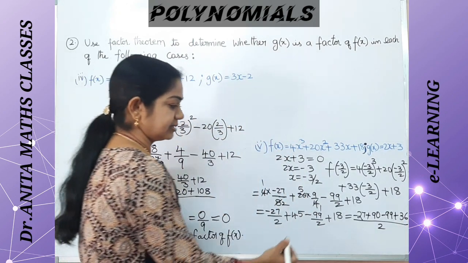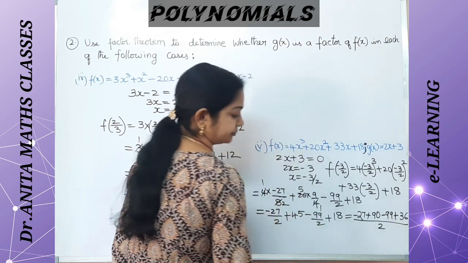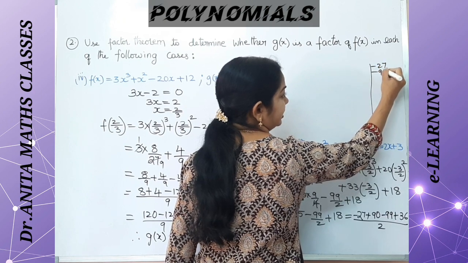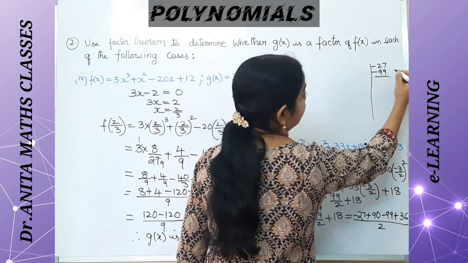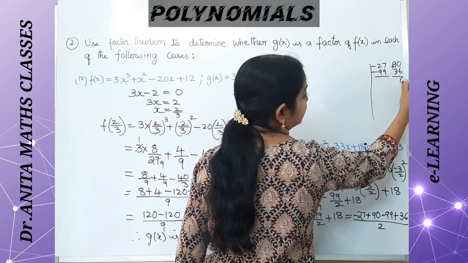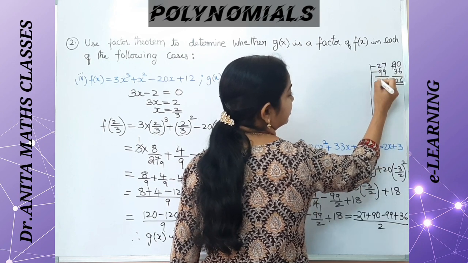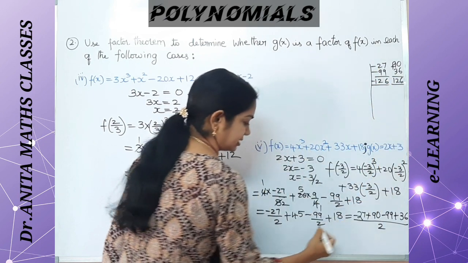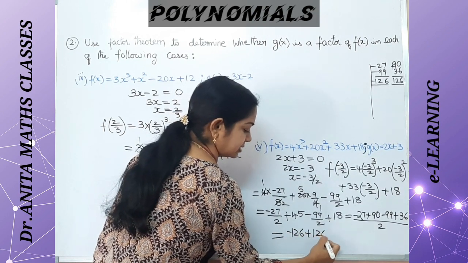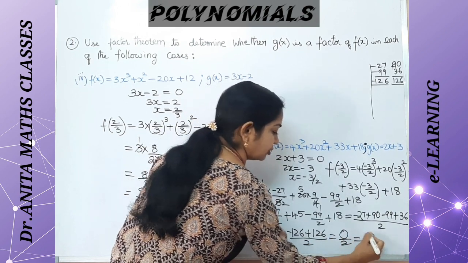Now, we will add these: minus 27 minus 99, and here 90 and 36. Adding them, minus 126 plus 126 divided by 2, that is 0 upon 2, nothing but 0.